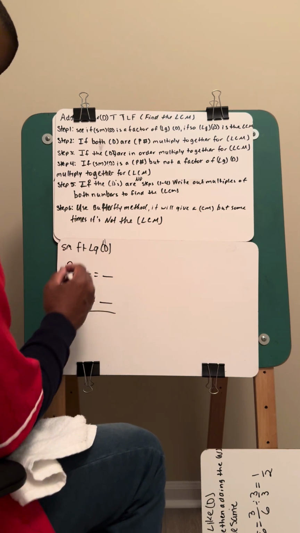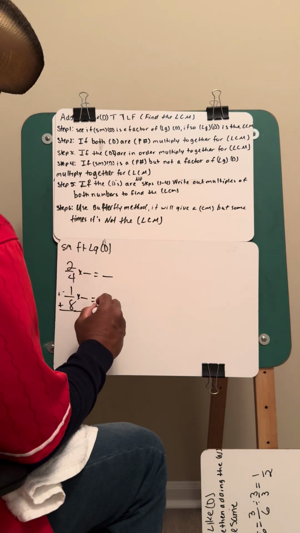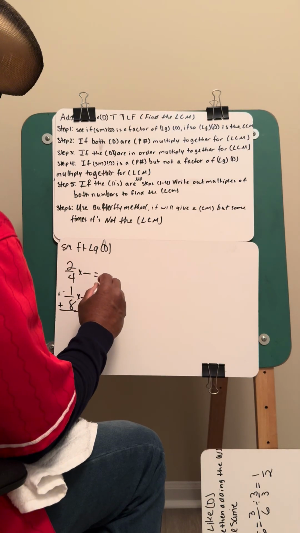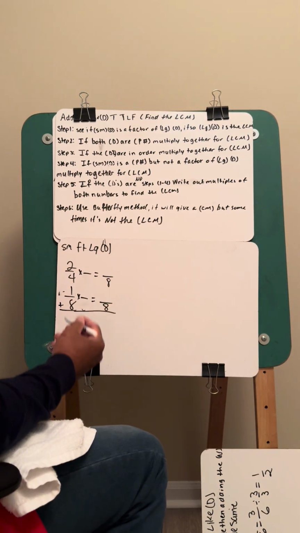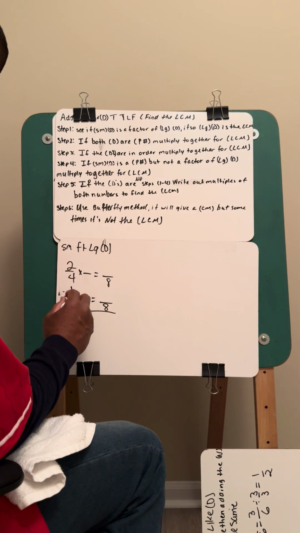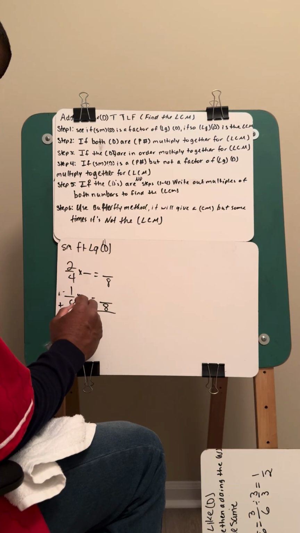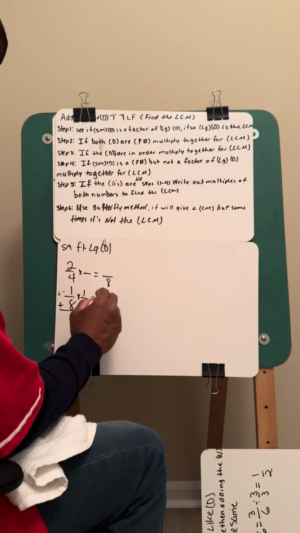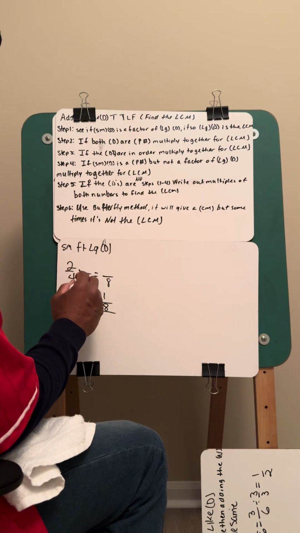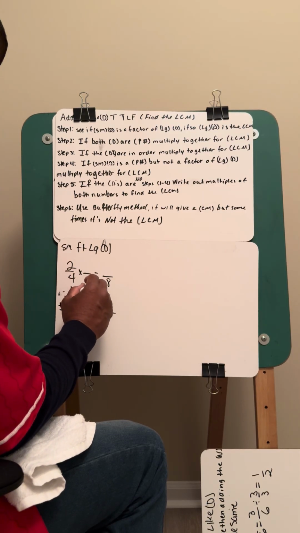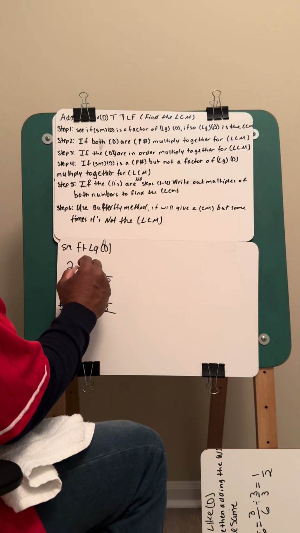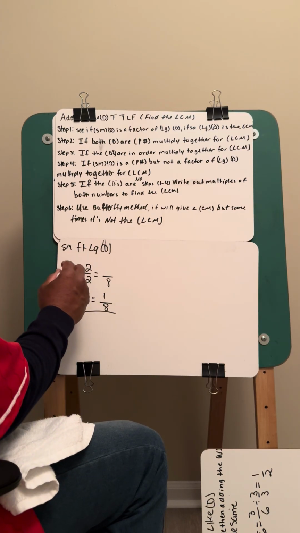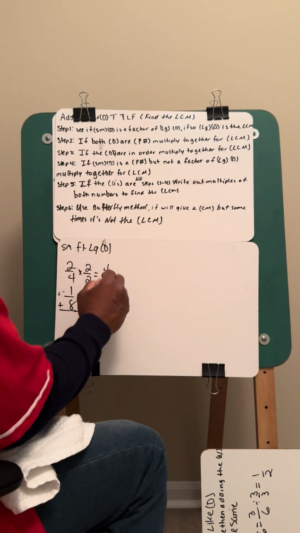So 8 is our denominator. Blank times 8 equals 8. That would be 1, a number so nice I use it twice. 4 times blank equals 8. That would be 2, a number so nice I use it twice. 2 times 2 is 4.